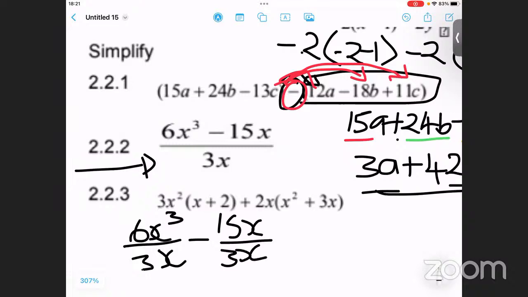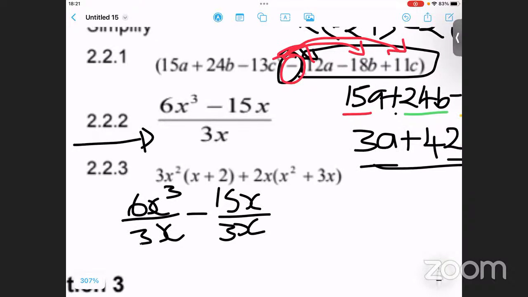Okay. And that is going to give us 2x squared minus 5.